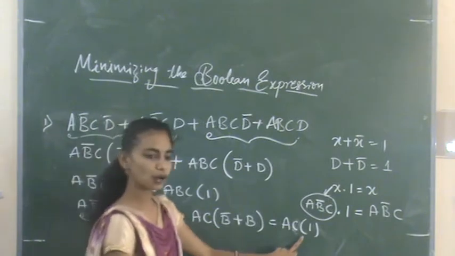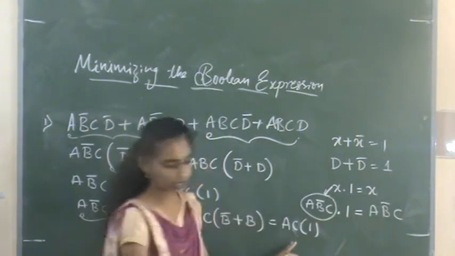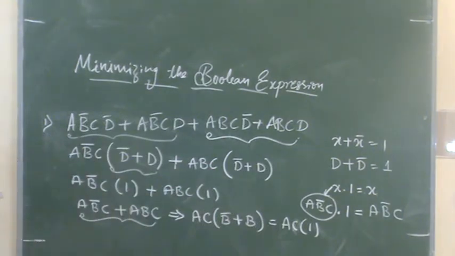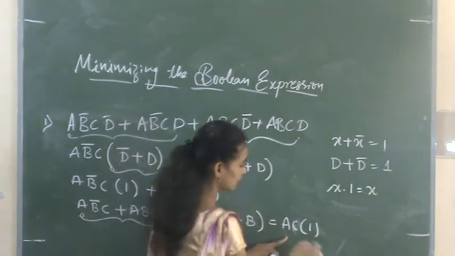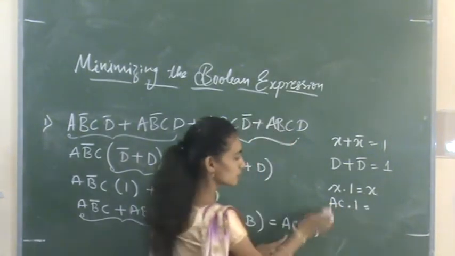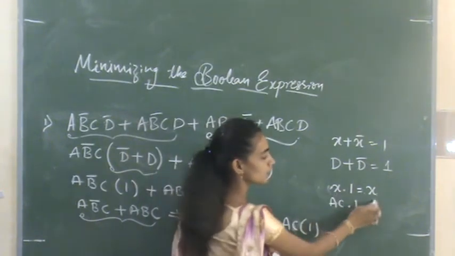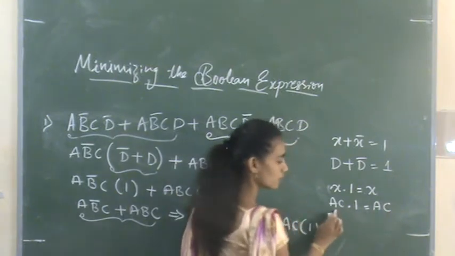And according to the property of 1, x into 1 is equal to x. So here what is the value of x? AC, right? See, this AC into 1 we have. So instead of x we have AC. So the output will be also x, so x means we have AC.